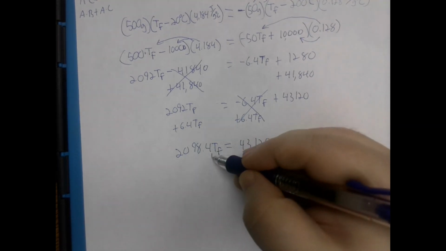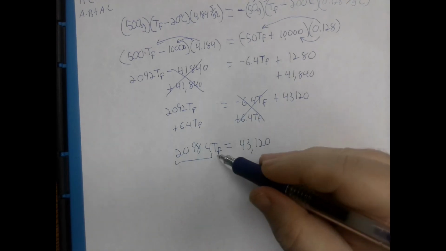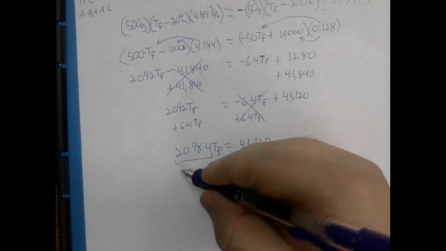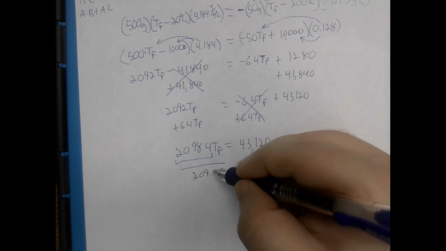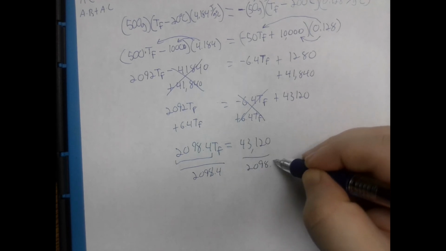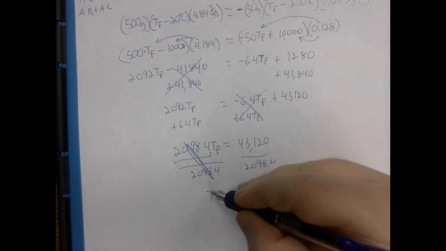And now we have a single term on the left. And so we can divide. So divide both sides by 2098.4. This divided by itself is 1. So it cancels out.